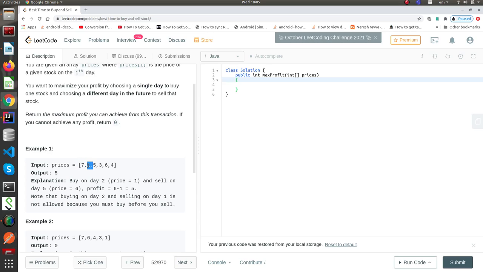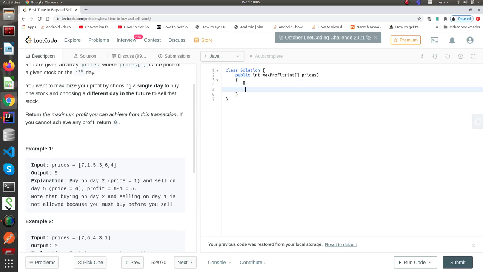Every time we loop, we'll get our min price, and with that min price we'll check the ith value minus that value. If it is greater than our maximum profit, then we update the maximum profit. At the end, once the loop is done, we can return that max profit. So let's code, and I'll explain the code once it is done.